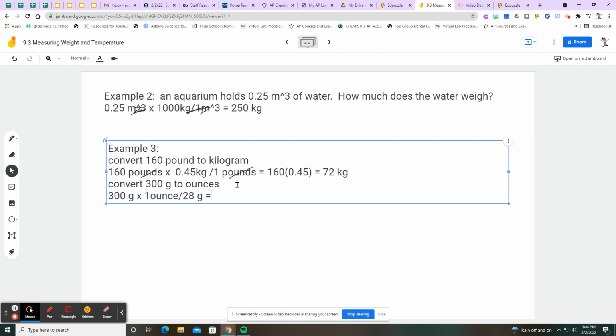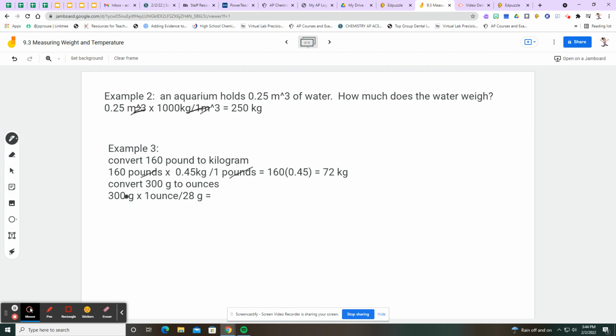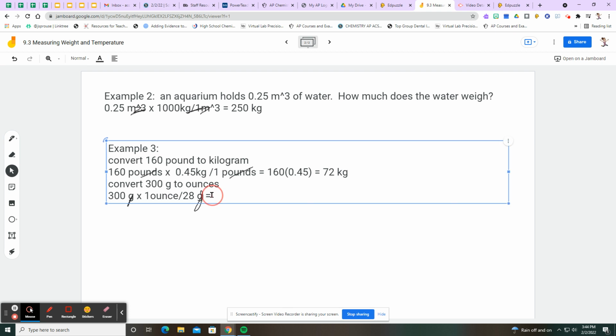Then my grams cancel out because one's in the top, one's in the bottom. And I have 300 divided by 28, which gives me 10.7, and it's going to be ounces.